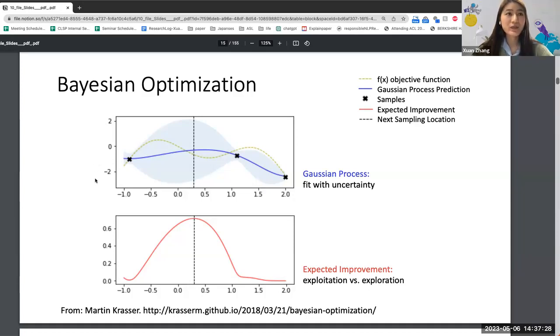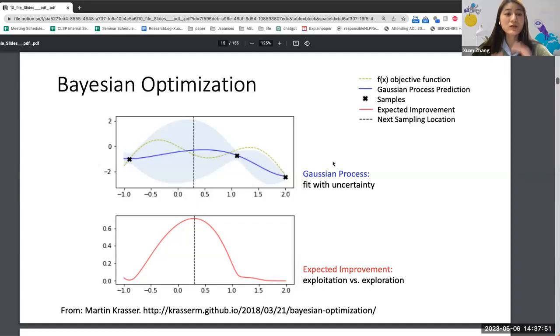Let's consider a one-dimensional input example. The Gaussian process serves as a regression model here. And unlike linear regression, it produces a Gaussian distribution for each point. So for this point, there's a Gaussian distribution. For this point, there's a Gaussian distribution.